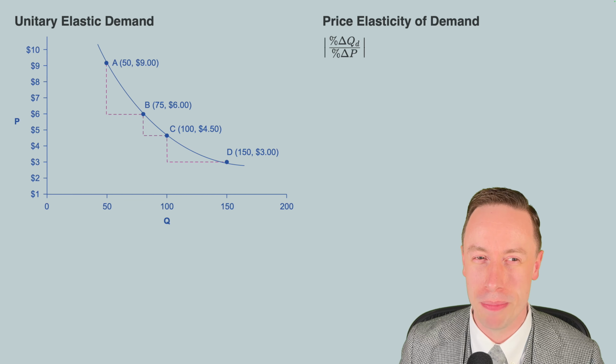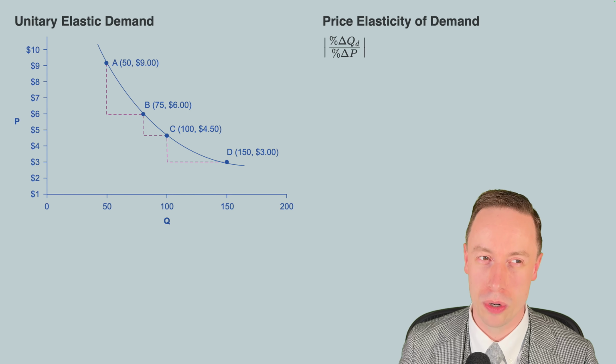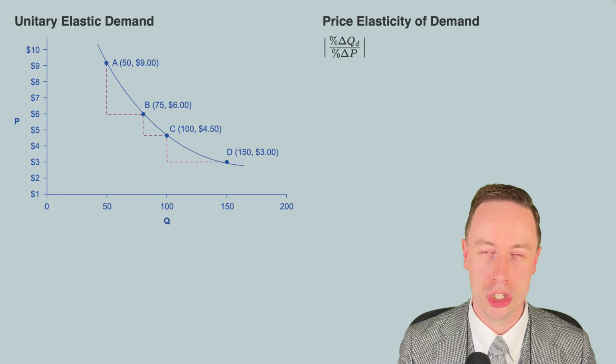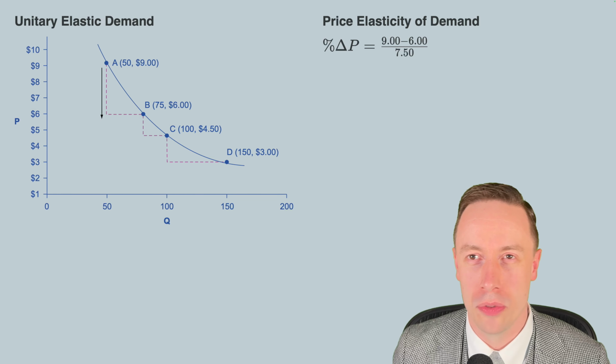And let's go back to the math where we calculate out the percentage changes here. Again, spoiler alert, the resulting elasticities end up being 1. So that, of course, means that the percentage change in one variable is equal to the percentage change in another variable. So let's go ahead and travel down this demand curve.